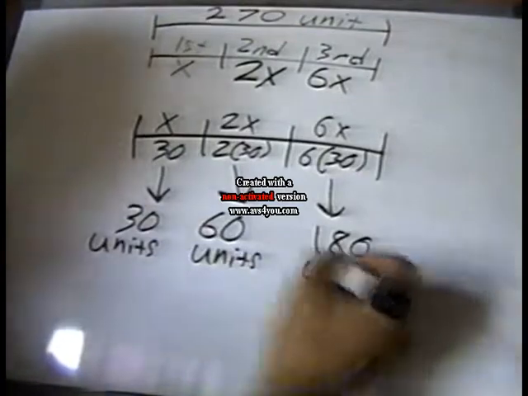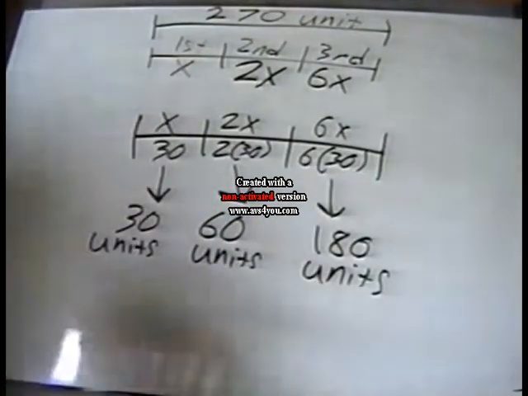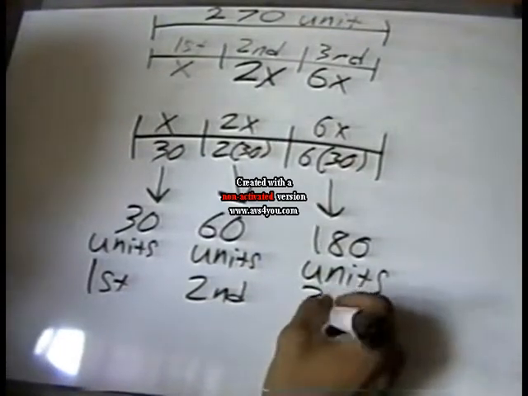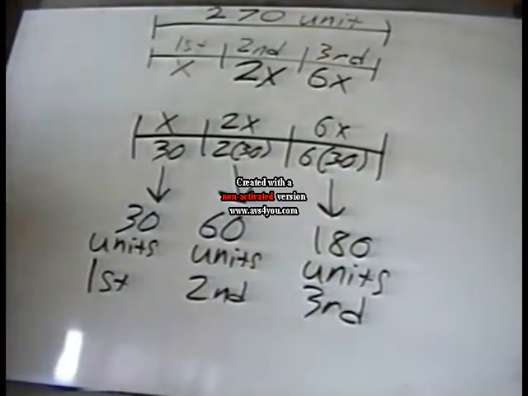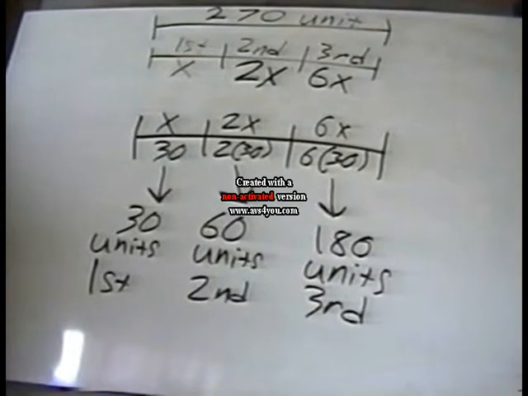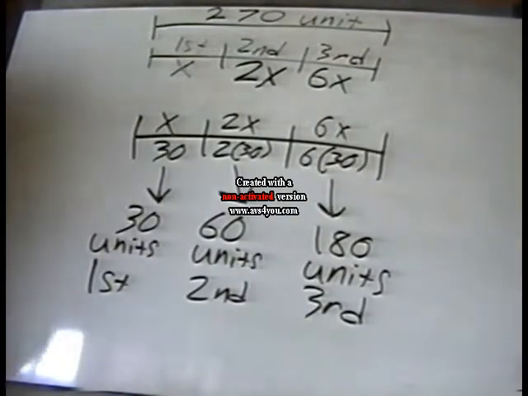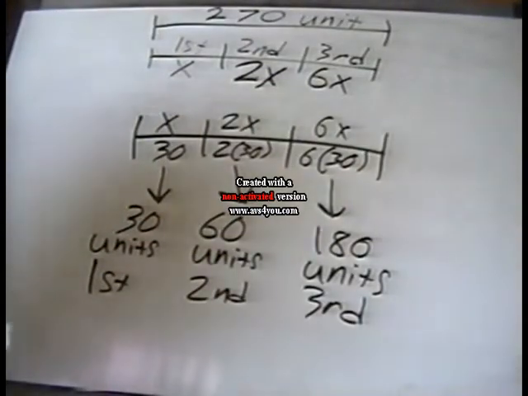So the second part, 2 times 30, that's 60 units. And then 6 times 30 is 180 units for the longest part. And there's our answer.